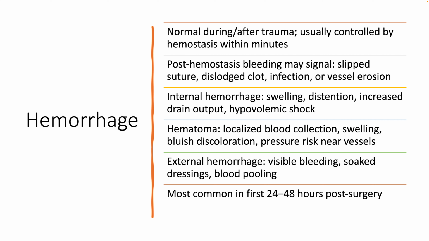A hematoma is a localized blood collection. You get swelling and a bluish discoloration, and if the hematoma is large, it risks putting pressure on the vessels nearby. With external hemorrhage, you will see visible bleeding, soaked dressings and blood pooling. It's most common in the first 24 to 48 hours post-surgery if it's going to happen.